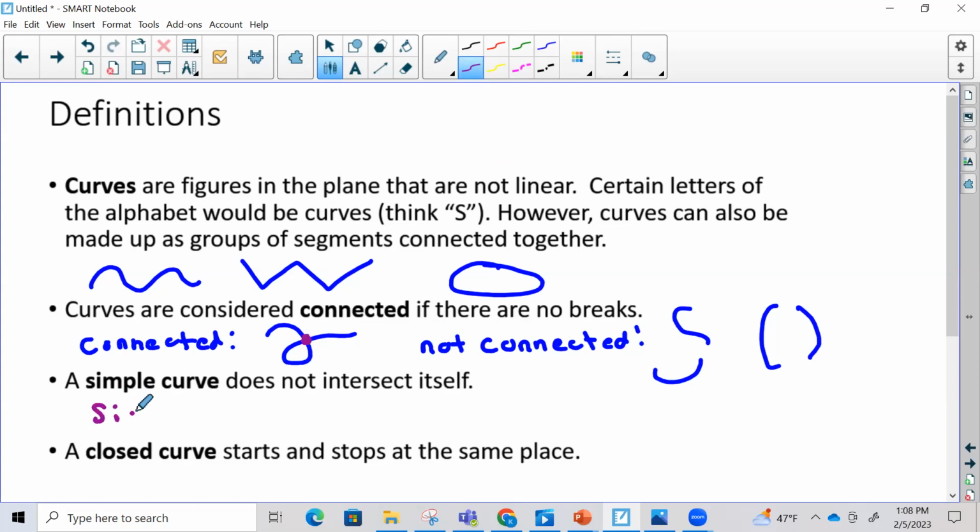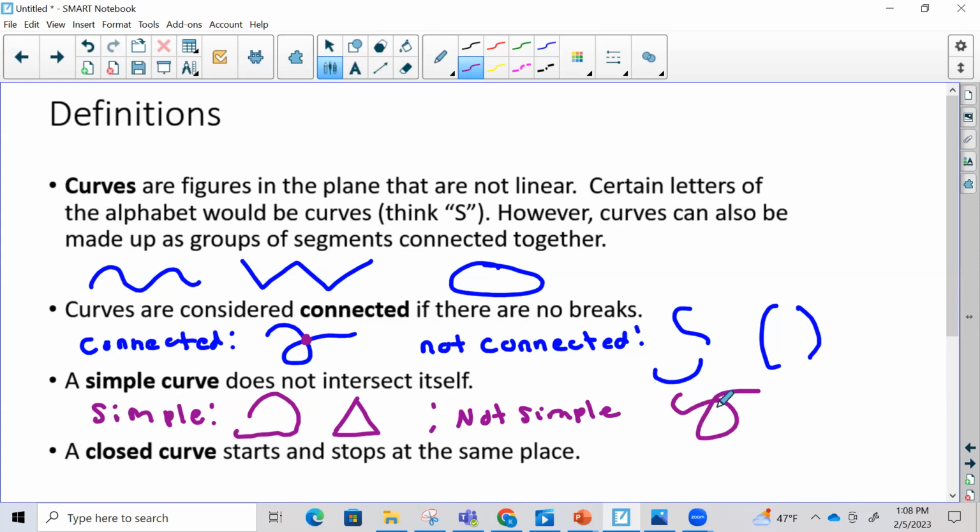So again, if we just do an example of a simple curve, like a triangle is also considered a simple curve. It's considered not simple if it intersects sometime within the curve.